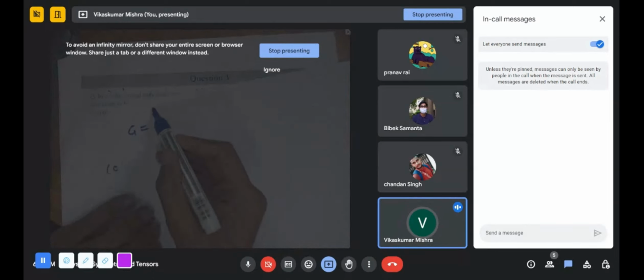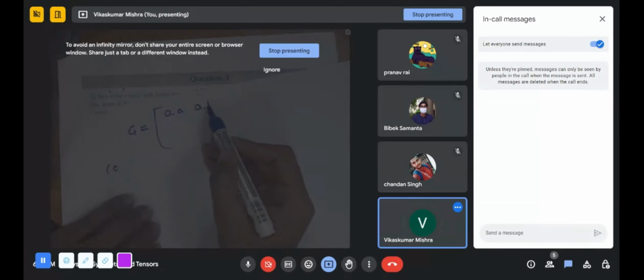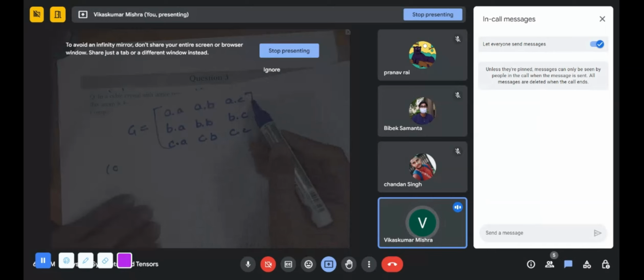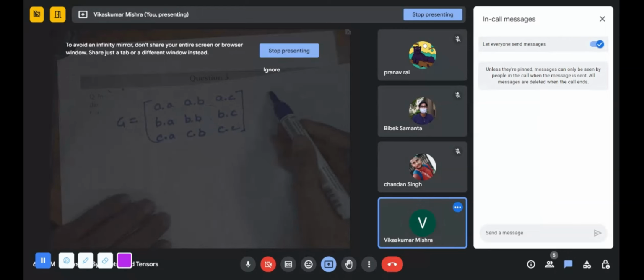The metric tensor is nothing but A dot A, A dot B, A dot C, B dot A, B dot B, B dot C, C dot A, C dot B, and C dot C. A, B, C are the basis vectors. Since the system is cubic, they are at 90° with each other.